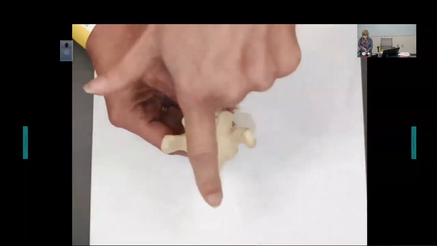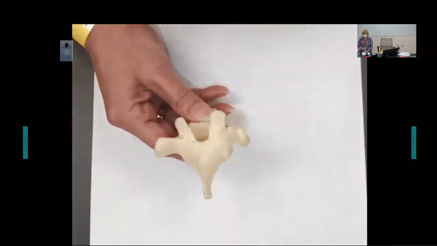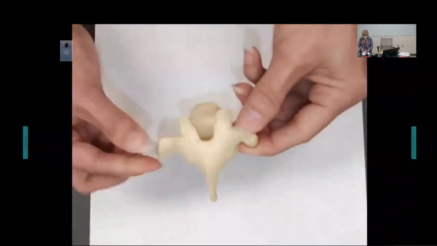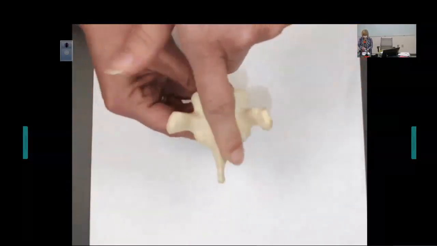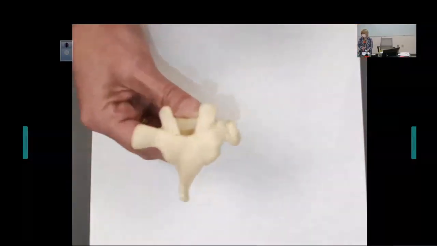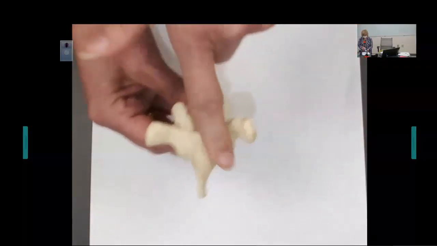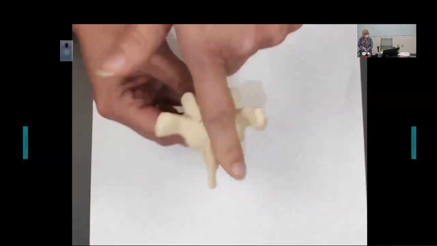Okay, so what's the point? What's the nose? Spinous process. The ears, transverse process. The face, I know it's not really the face, but maybe okay. So this is the lamina here.